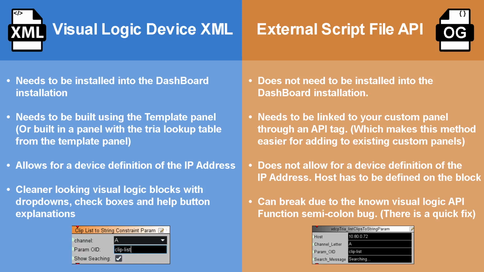The last point I'd like to bring up is that with the external script file workflow, it can break your script because there is a known API function semicolon bug in dashboard. Although I have a quick fix for you that will solve this problem, and I'm going to show it in the example panel. So let's get started with implementing this workflow for ourselves.